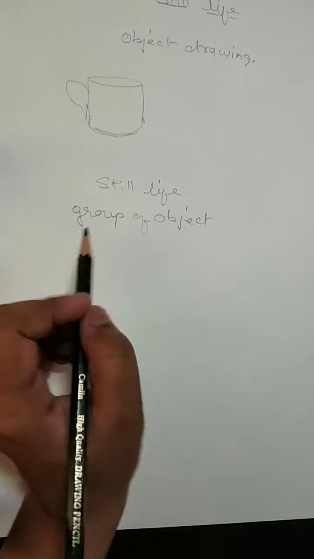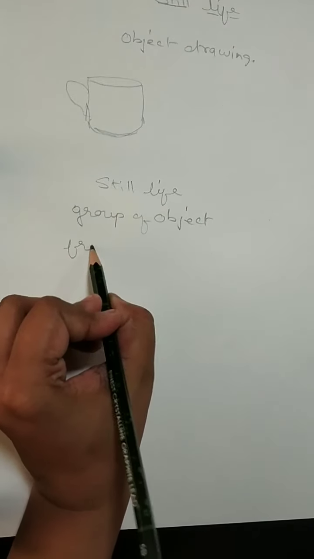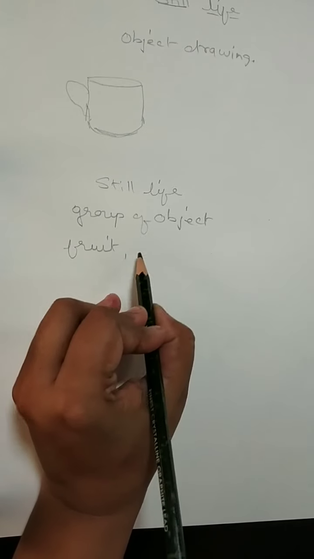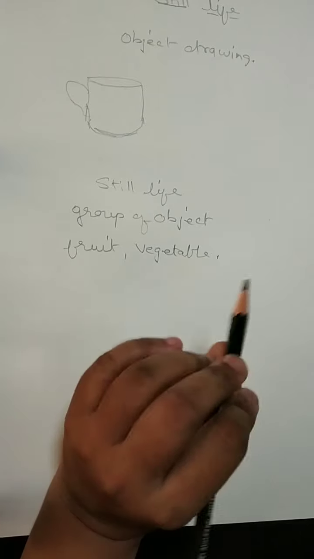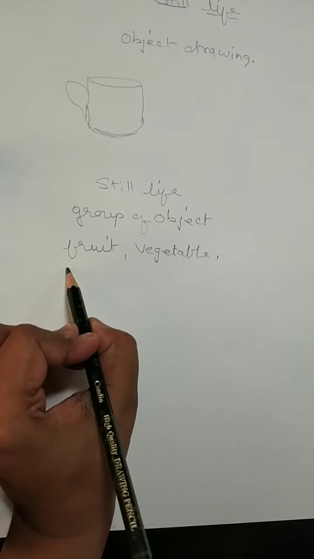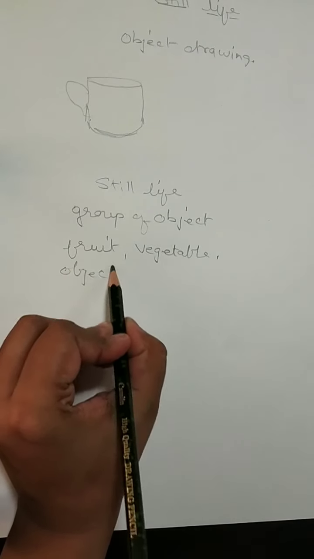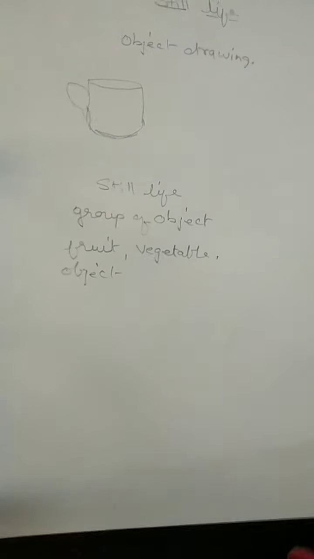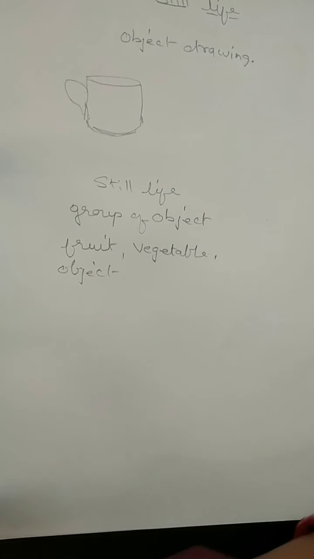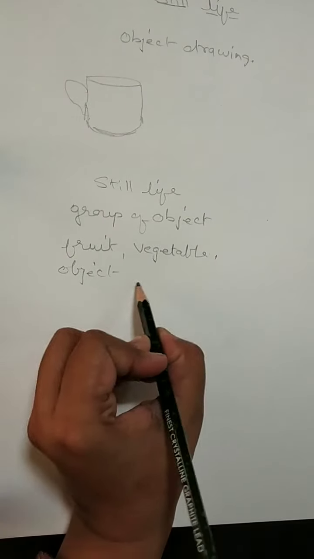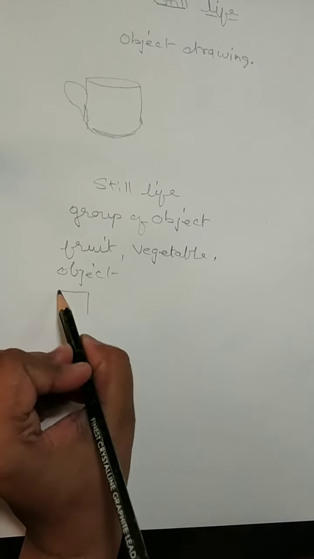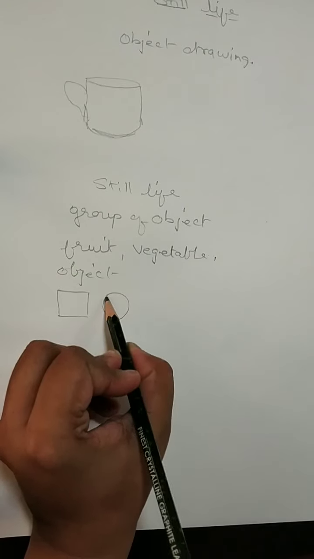It may be of fruit, vegetable, any object. Anything. Okay, it may be shapes also, like square, circle, triangle.